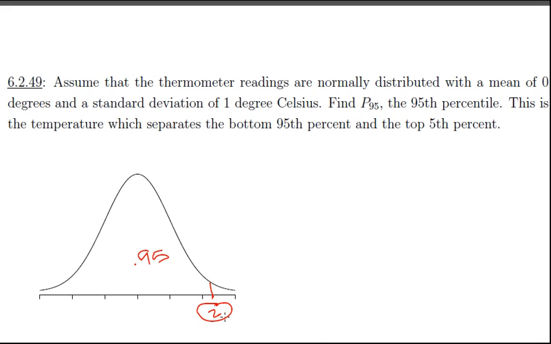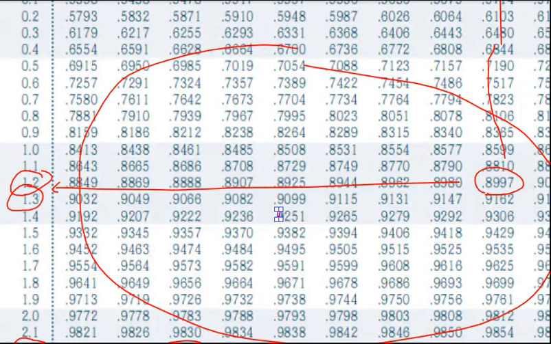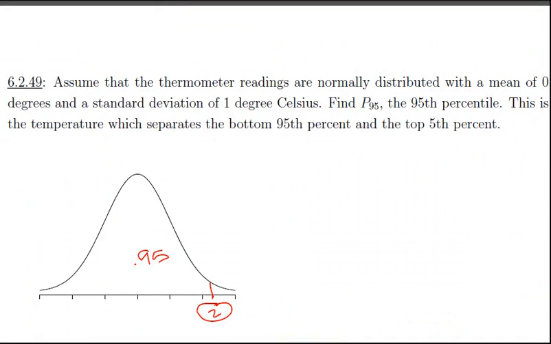Okay, so we're going to work the opposite direction. I go to my normal table, and now I'm looking in the body of the table for 0.95. These are both the same distance, so I'm just going to pick one. The z-score for that is 1.64. And so I can go back, and I know that the z-score is 1.64.